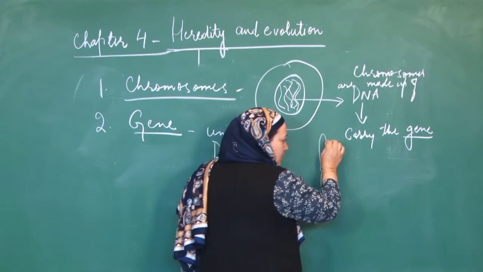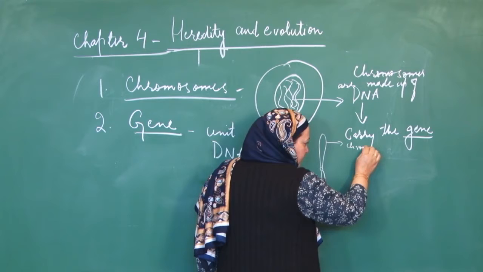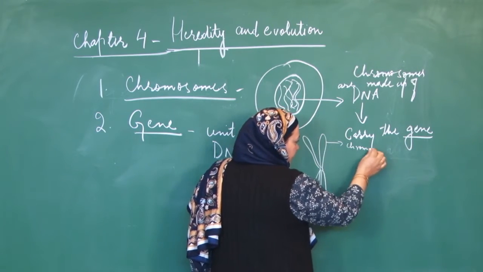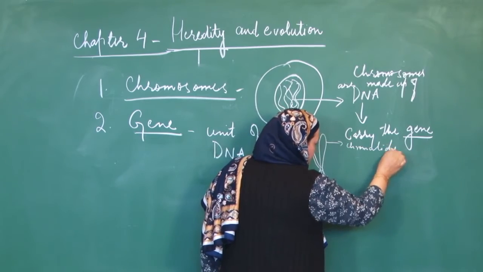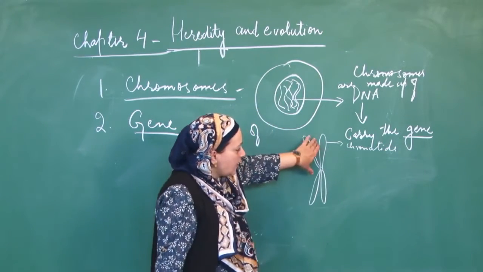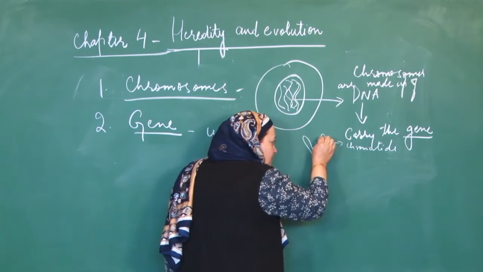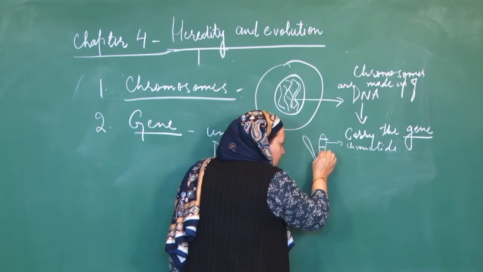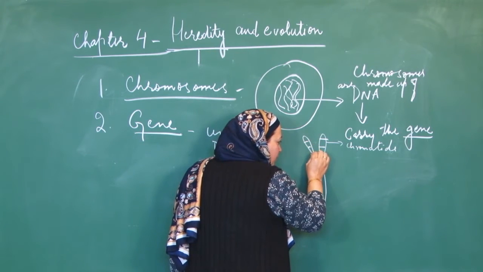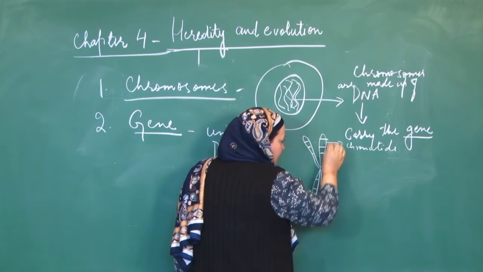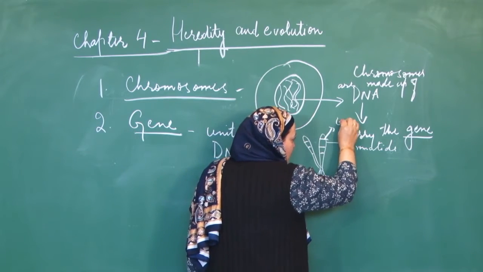These are called the chromatids. Now, what do they have on these arms? These chromosomes have the units of DNA. Those are called the genes. This is the gene.